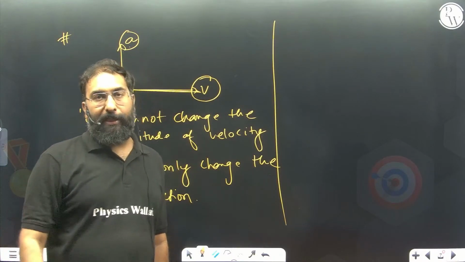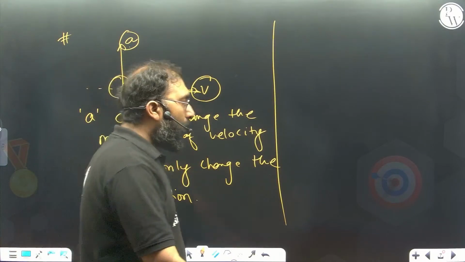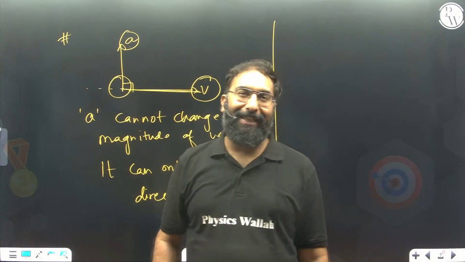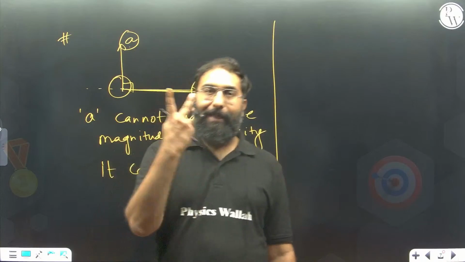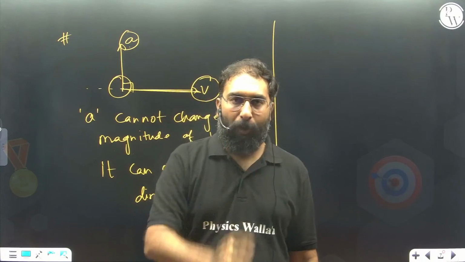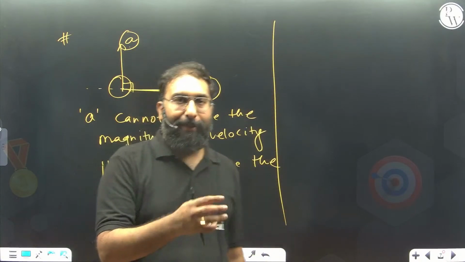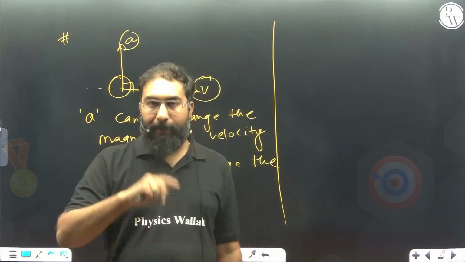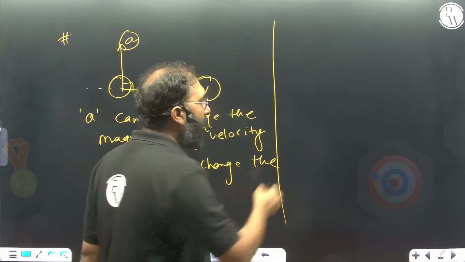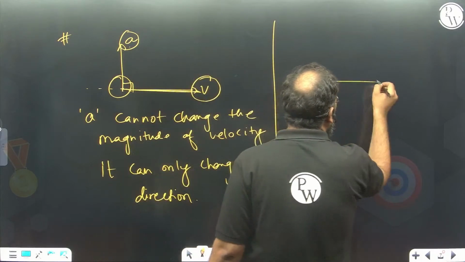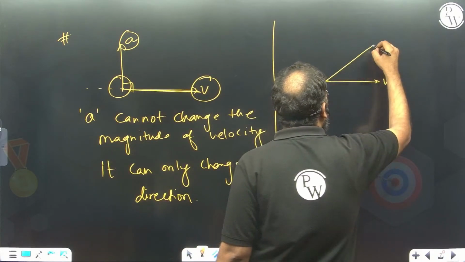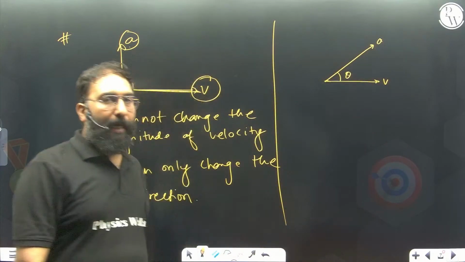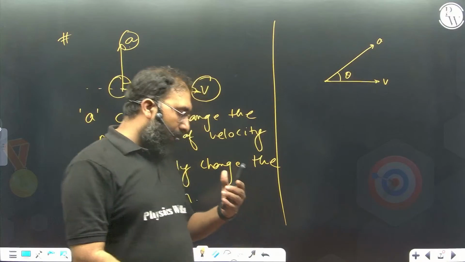Now you will definitely have a question in your mind. Okay sir, one possibility is that velocity and acceleration are in the same direction, the other case is that they are in opposite directions, the third case is that they are perpendicular to each other, then what is the fourth case? Let's say this is velocity and this is acceleration, making some acute angle theta between them.